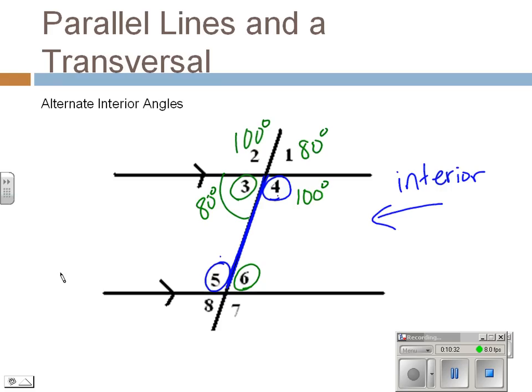So we could say that angle 1 and angle 6 are both 80 degrees. And again, using corresponding angles, you can say that angle 2 and angle 5 are corresponding angles. And you'll see now that alternate interior angles are congruent. Again, 3 and 6, alternate interior angles are congruent. Now we're going to take a look at alternate exterior angles.